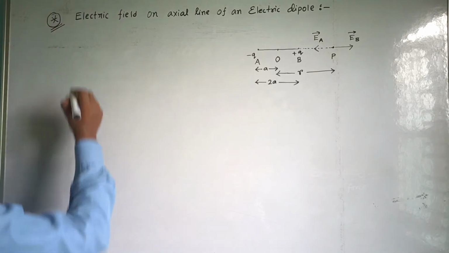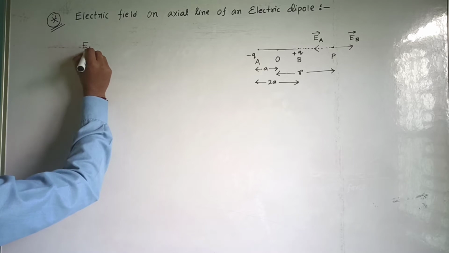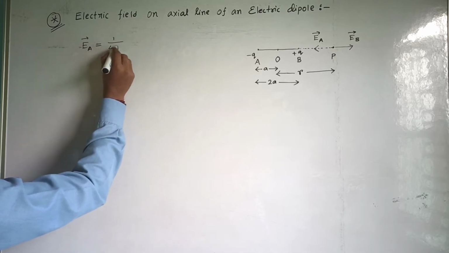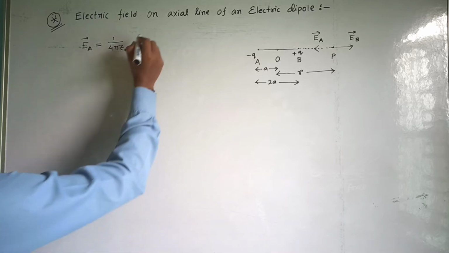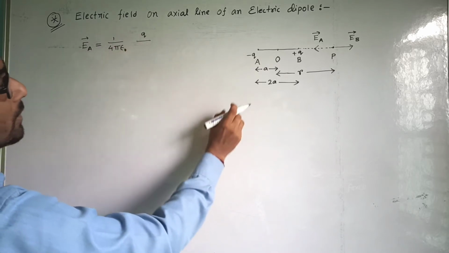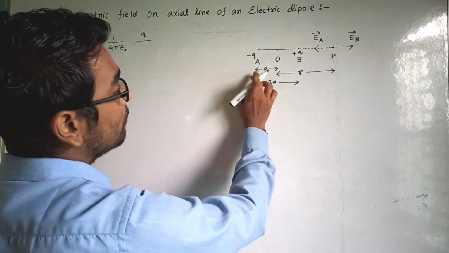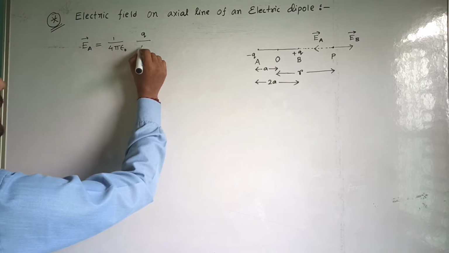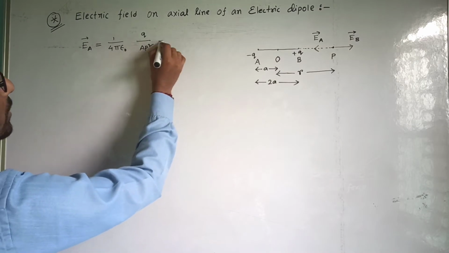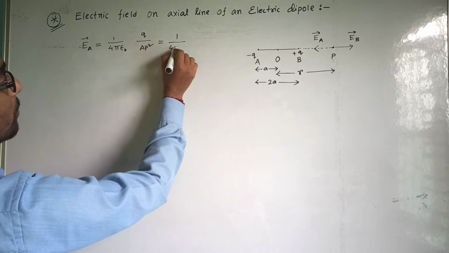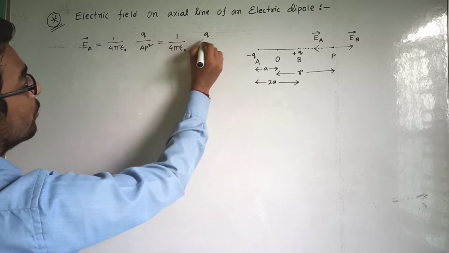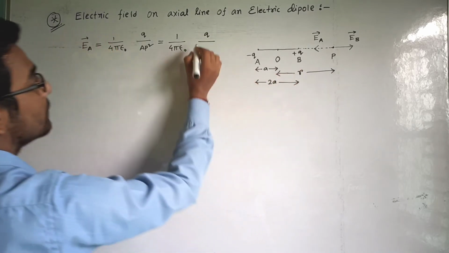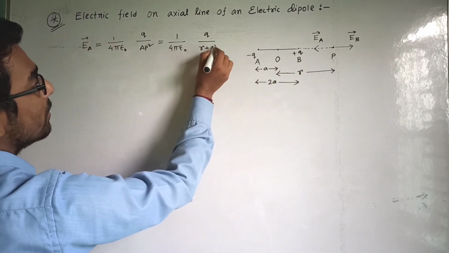So we can write the expression for EA. EA is 1 by 4 pi epsilon naught Q by the distance of P from minus Q, which is AP square. So it will be 1 by 4 pi epsilon naught Q by the value of AP, which is R plus A, whole square.